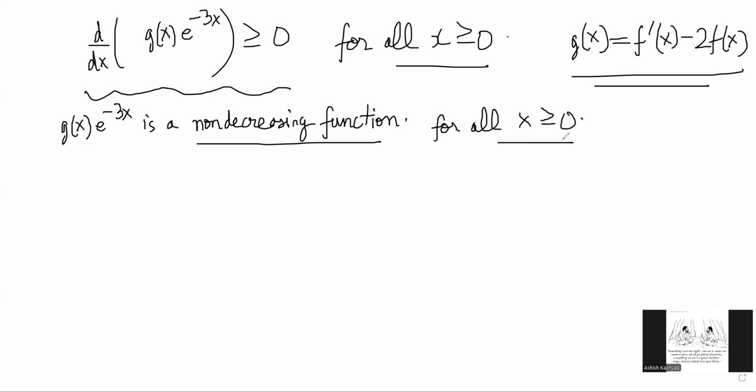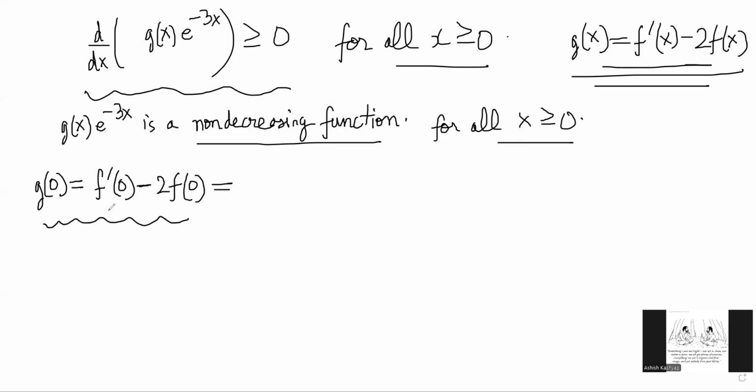If it is a non-decreasing function, then let's think about the values of this function. What is g of 0? If you put 0 here, g of 0 was f dash 0 minus 2 f of 0. But remember, in the problem, they have given you the values of f dash 0 and f of 0.